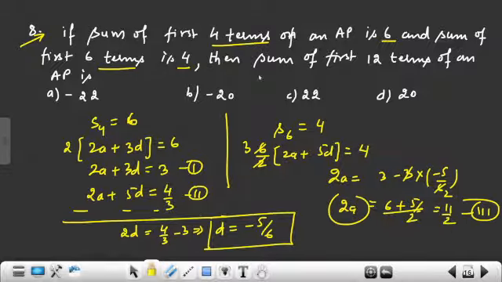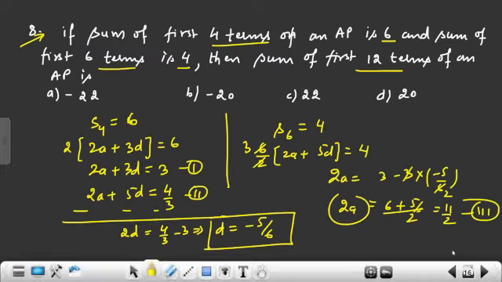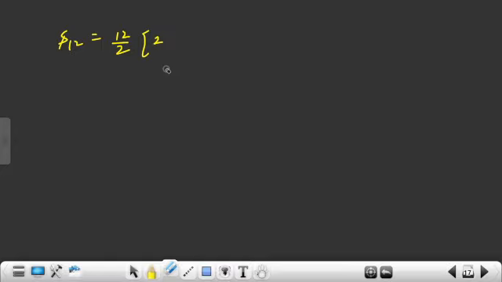Third equation. They ask for sum of first 12 terms. Very simple it is. So 12 by 2, 2a plus 11d. What is a? Oh, 2a is 11 by 2. 2a is 11 by 2 plus 11. D is minus 5 by 6.